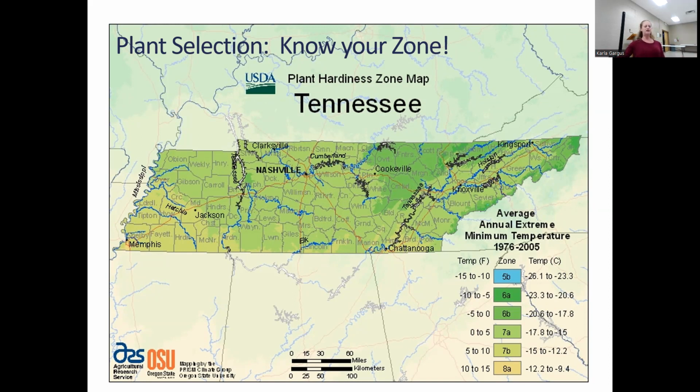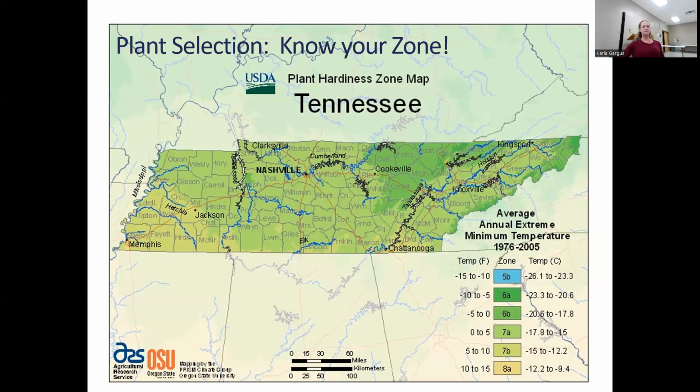So when you select your plants, when you go to your favorite nursery or garden center, make sure you check the tags, and it may say will survive from zone 5A to 7A. That would be the perfect one for this type of environment. That means that it's going to survive in our 7A climate.